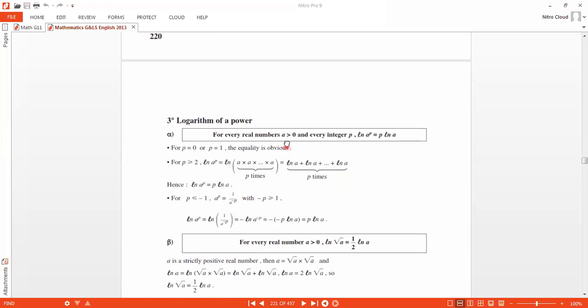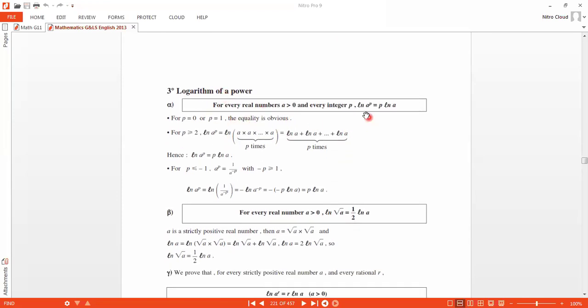Also, here we have the logarithm of a power. If I have ln A^p, where p is the power of A, we can put the power down. So I have p ln A. And you have to know that ln radical A is half ln A. How did I get this? Because radical A is written as A to the power half.